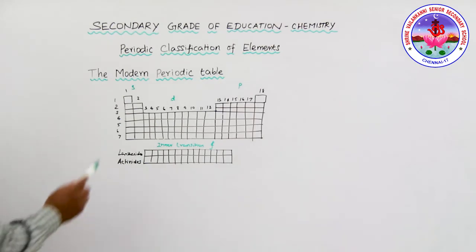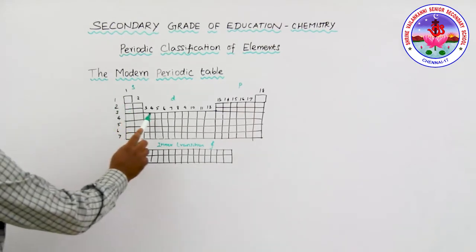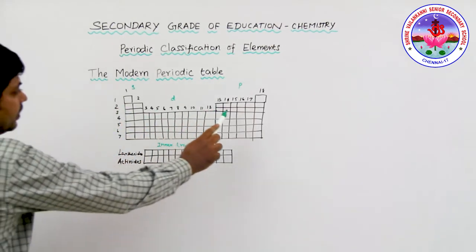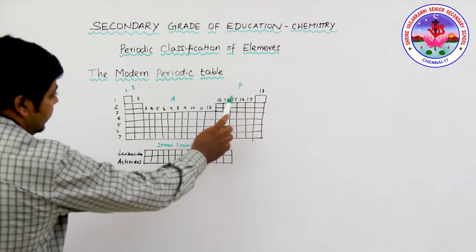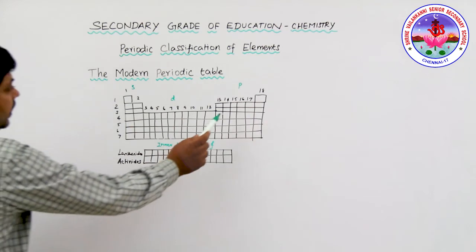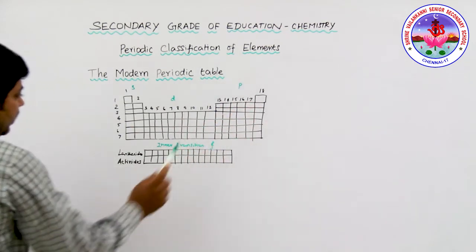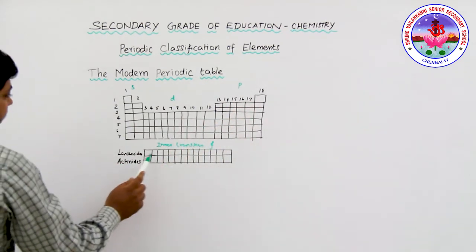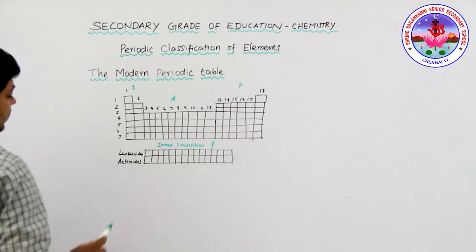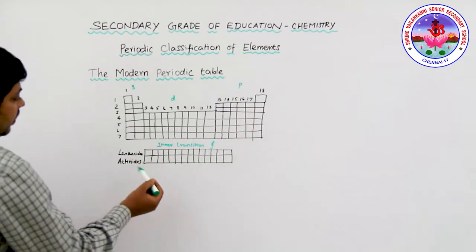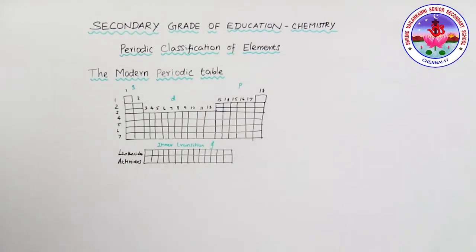So group 1 and group 2 are alkali and alkaline metals, and this is the transition metal block. In the P block, many metals, metalloids and non-metals are present on this side. The lanthanoids are metals, and the actinoids are heavily radioactive elements. So this is the modern periodic table arrangement.